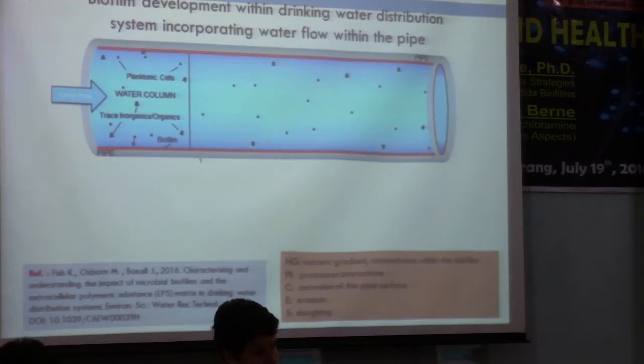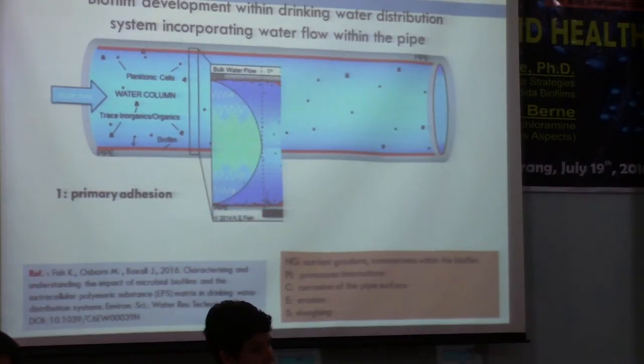And if we consider a distribution system, these are the different steps of the formation and detachment of a biofilm in a pipe, for example. So first, you have a primary adhesion. That is to say, you have the transport and adsorption of inorganic and organic elements to the surface of the pipe, and the adhesion of microorganisms.